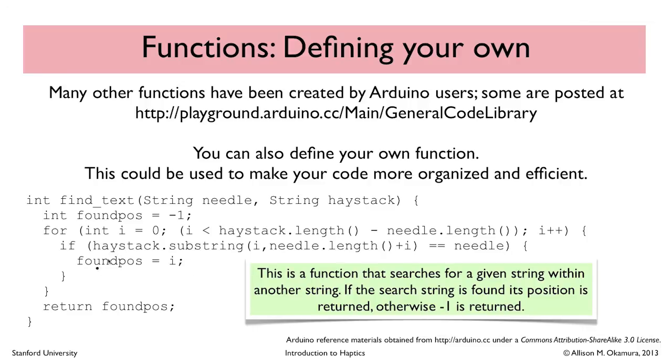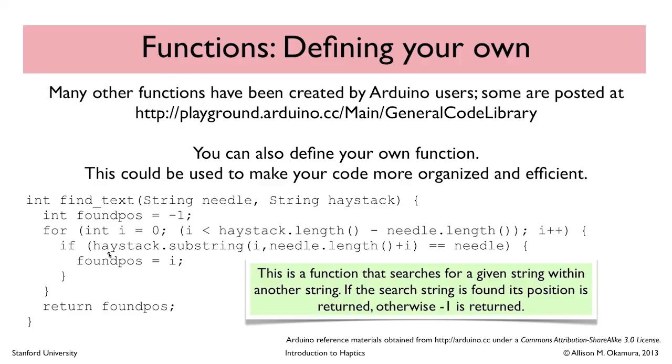And so there's a for loop here which initializes a variable, which is just a variable they're using for counting, I equals 0. And then they do this check. Is I less than the total length of the haystack string minus the total length of the needle string, because that's all the checks that you can do within the haystack. And then you increment I by 1 every time you go through this loop.